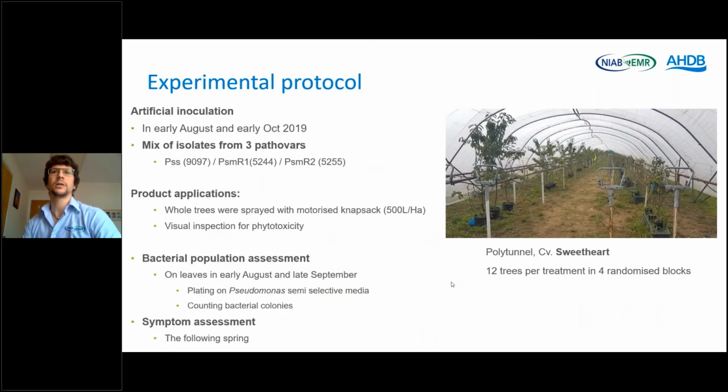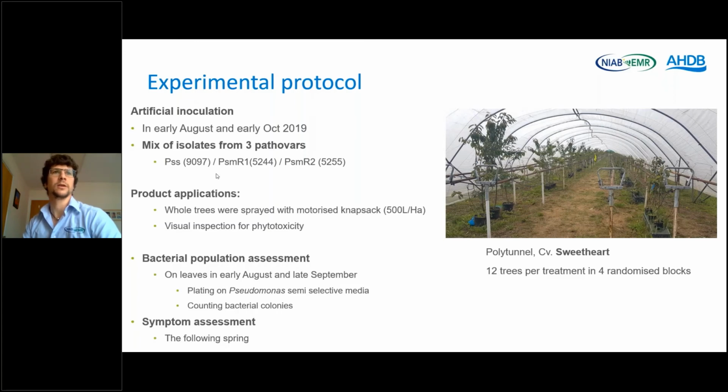We are doing this in a polytunnel on a very susceptible Sweetheart cultivar, and we have 12 trees per treatment in 4 blocks, and we have a mixed infection of 3 different bacterial strains to mimic the natural conditions. We applied products with a knapsack sprayer at 500 liters per hectare for these small trees, which is quite good coverage.